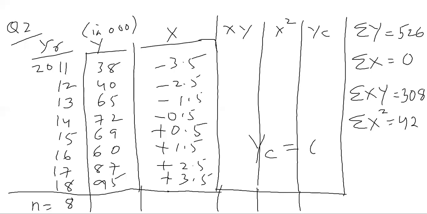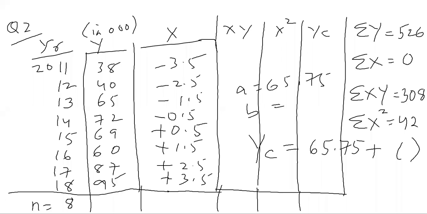Very good. Your A is 65.75 plus, what is your B? Ma'am, 7.33. It is 7.33 into x. So you have the equation.